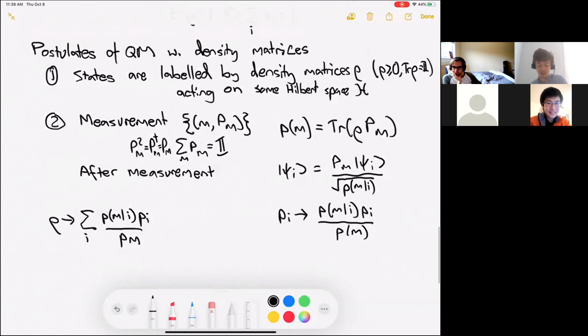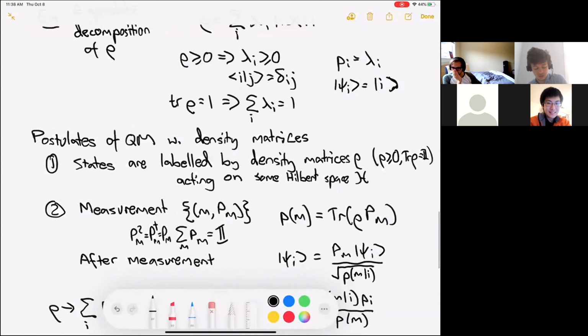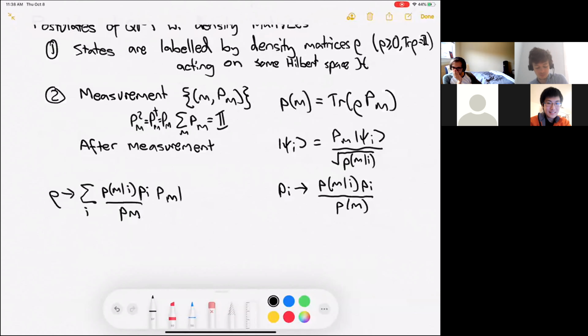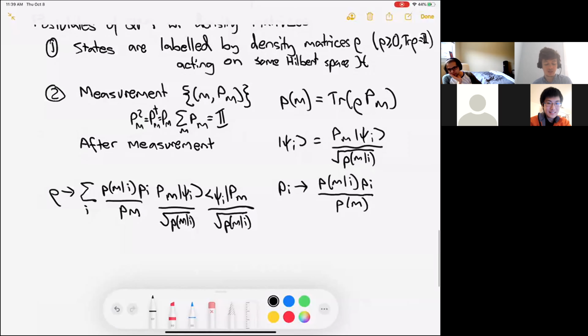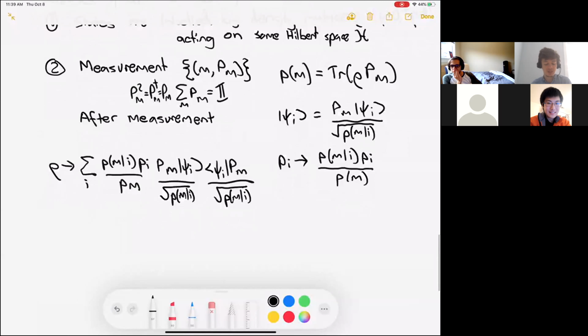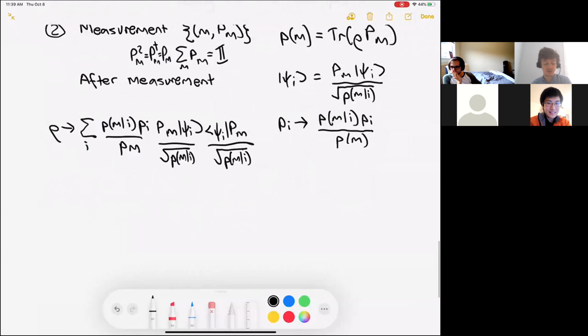So ket psi i goes to PM acting on psi i divided by the square root of PM given i, and similarly the bra psi i goes to bra psi i PM divided by the square root of the probability of M given i. But magically, now these P of M given i's cancel out.